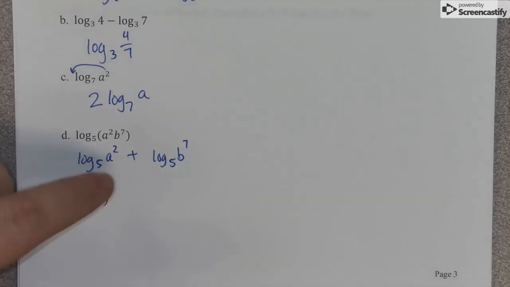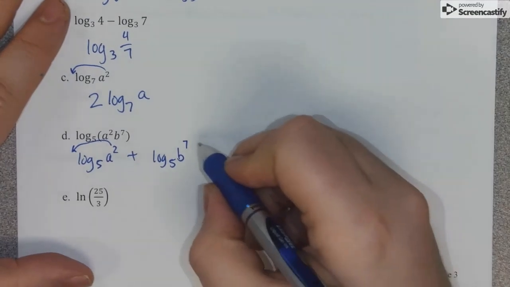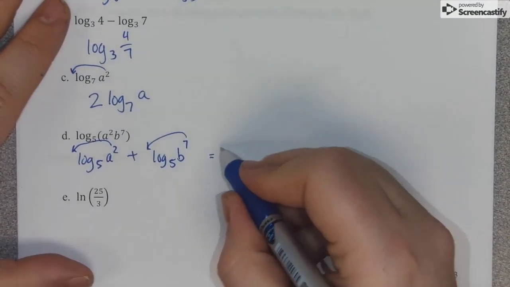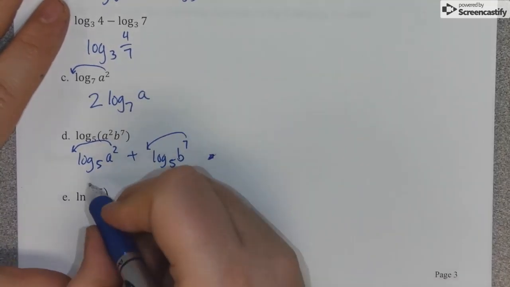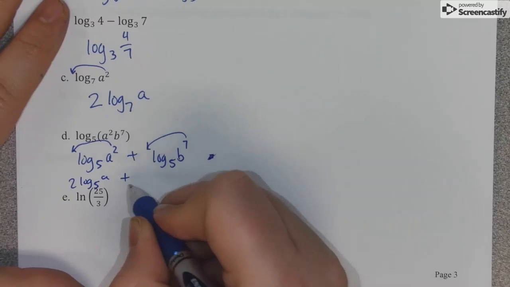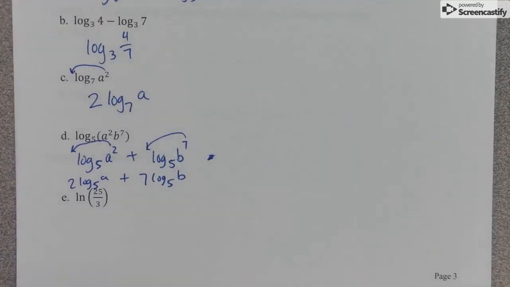I can take this one step further, and I can use the power property and move the 2 out front, and then move the 7 out front. So this would become 2 log base 5 of a plus 7 log base 5 of b.